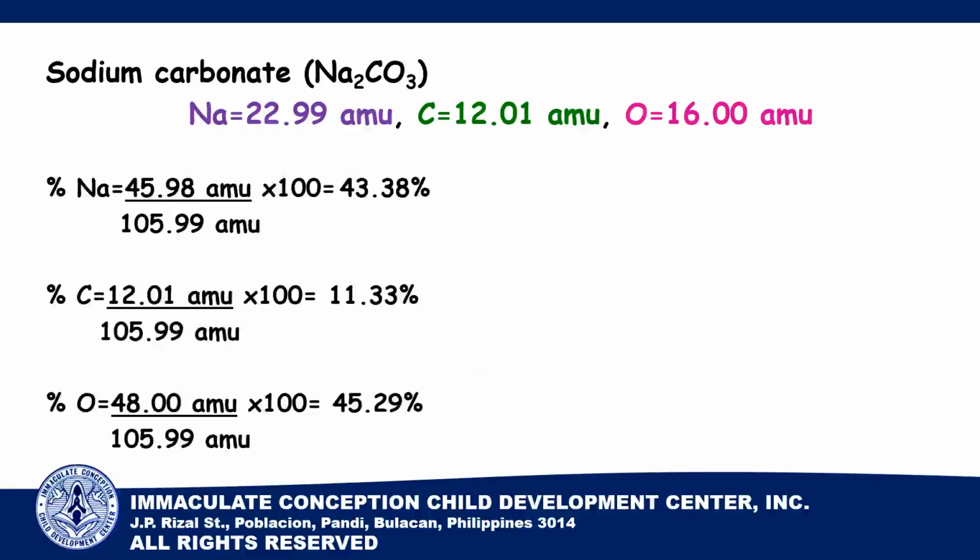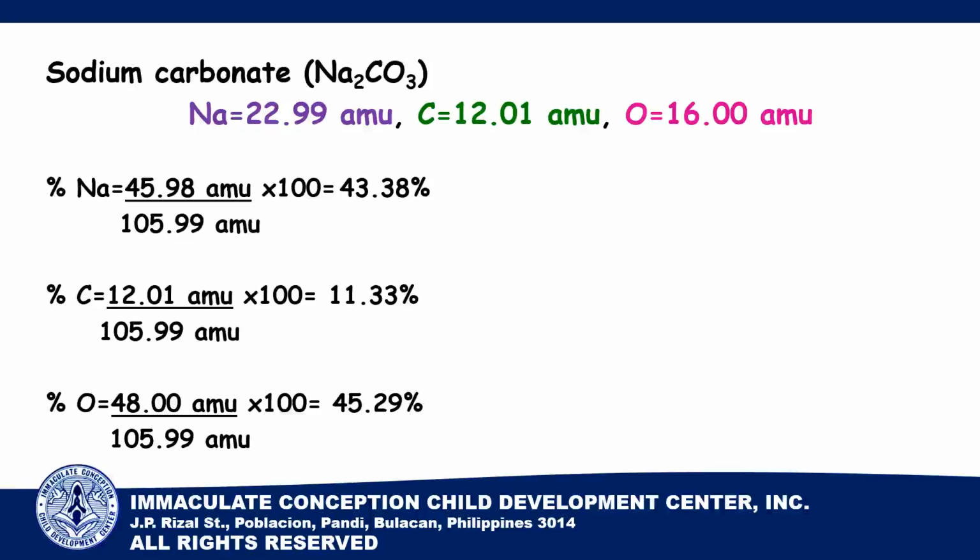Applying the general formula for percent composition for each constituent element will give us, for sodium, 45.98 AMU over 105.99 AMU multiplied by 100, which gives 43.38%.